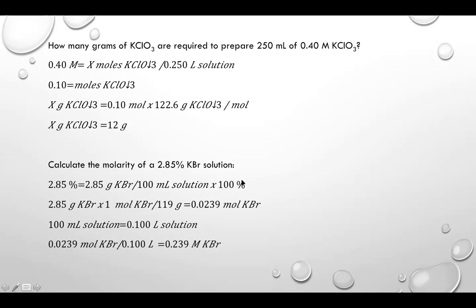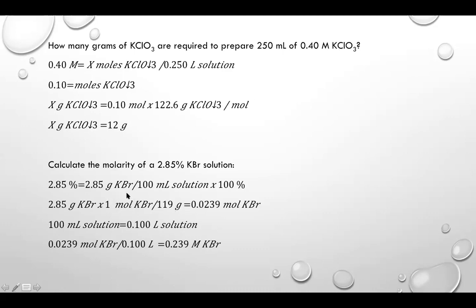And so then we're going to solve for moles since we know the grams. So we're given 2.85 grams of potassium bromide, and we'll multiply this by the mole to gram conversion from potassium bromide. So you have to calculate the molar mass for potassium bromide by taking the atomic mass of potassium and adding that to the atomic mass for bromine, and that'll give you 119 grams.